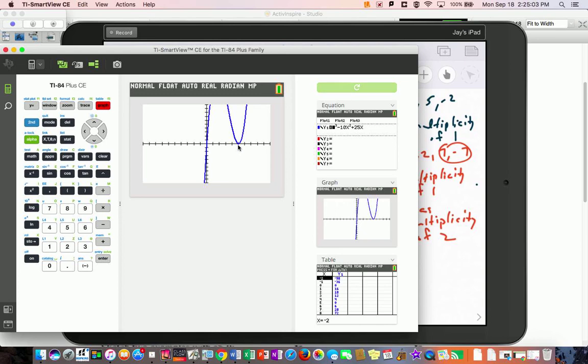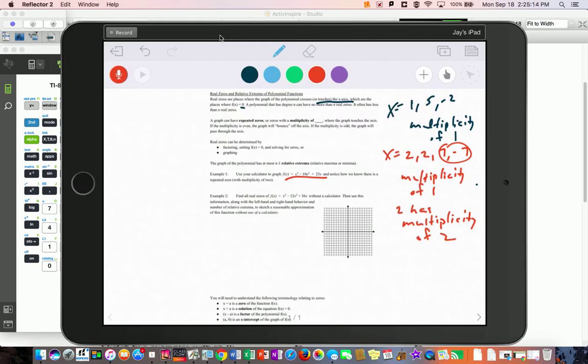So I can tell when I go to write this that it has multiplicity of 1 at 0, and then this is 1, 2, 3, 4, 5. So my answer most likely is x equals 0, 5, and 5. You write down where it touches the x-axis. Bounces have even number of zeros, so you could have 4 of them, 6 of them, and multiplicity of 1 means it passes through.